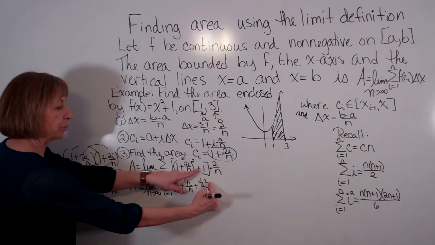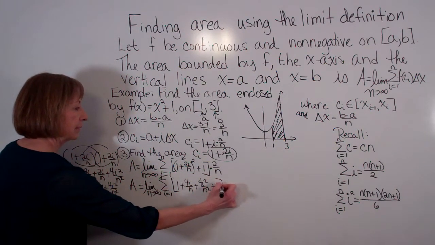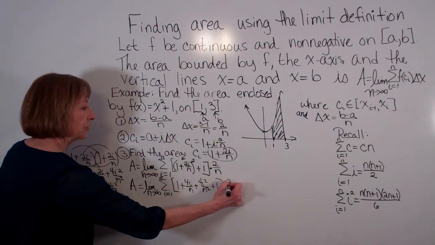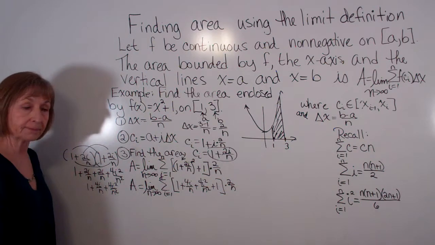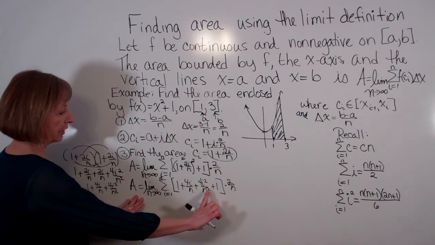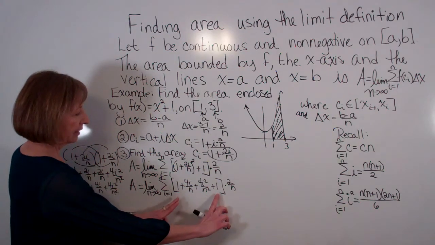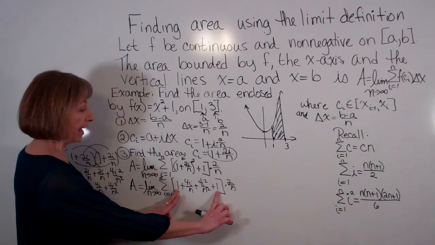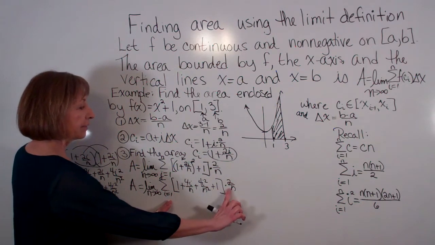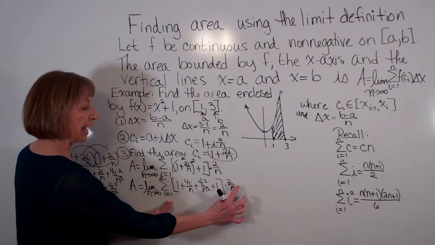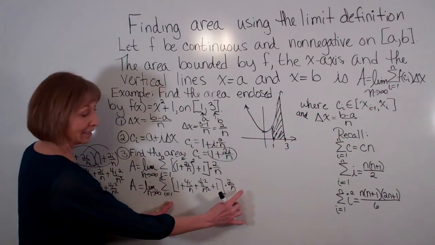And then that's still plus 1, and then still times 2 over n. Okay, now let's look at what we can do for our simplification. I do have a 1 plus 1, that'll be a 2 there. And the multiplication of this 2 over n, there's no i's in this.